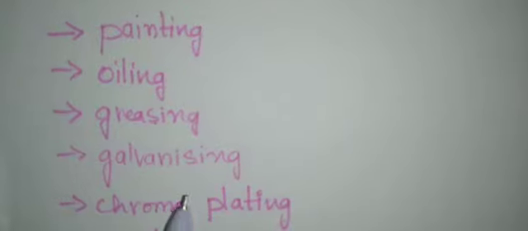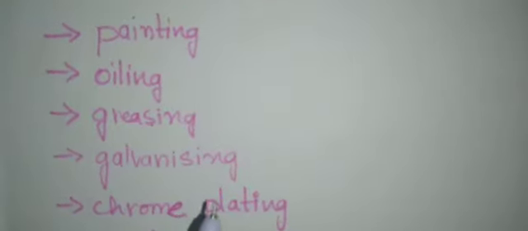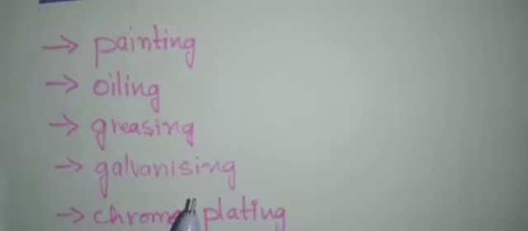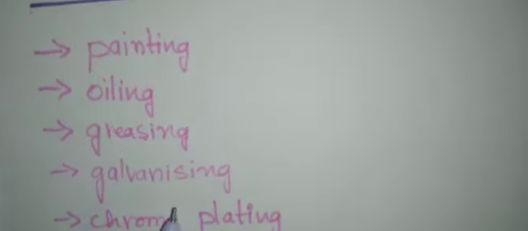So I was explaining about galvanizing, right? Galvanization is a method of protecting steel and iron from rust by coating them with a thin layer of zinc. Okay, putting a layer of zinc on our iron and steel materials is called galvanization. So the galvanized articles will be protected against rusting even if the zinc coating is broken.